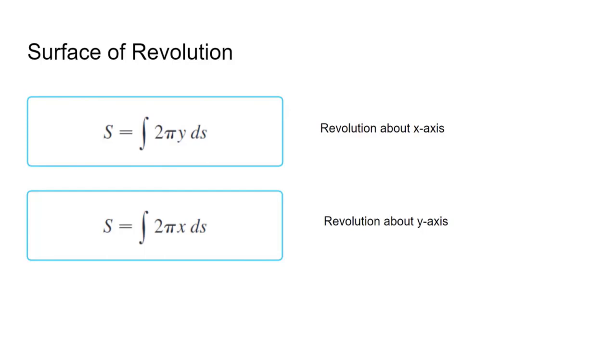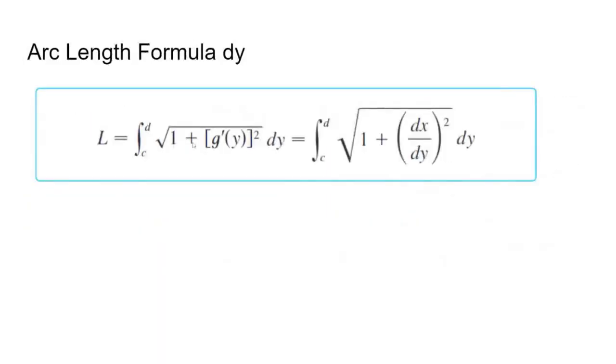Maybe I didn't explain that. ds is the arc length, what we're integrating in the arc length. It's this, the square root of 1 plus dx dy squared. That's what we call ds.